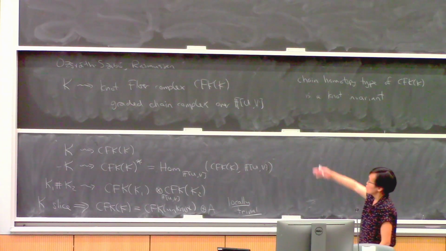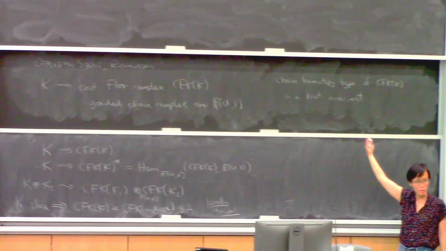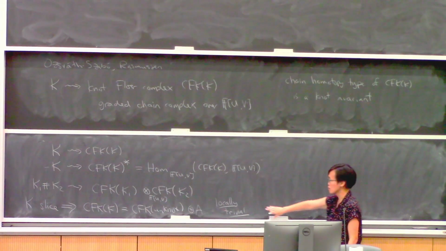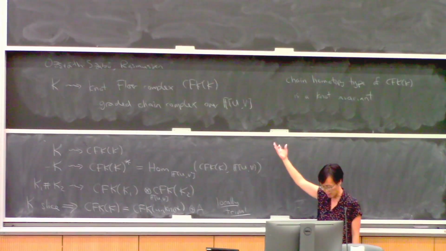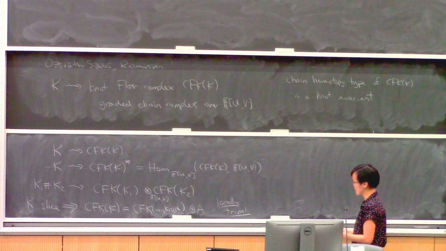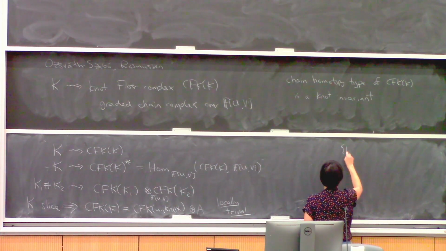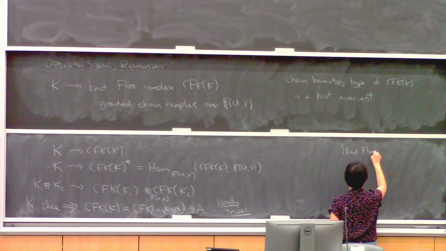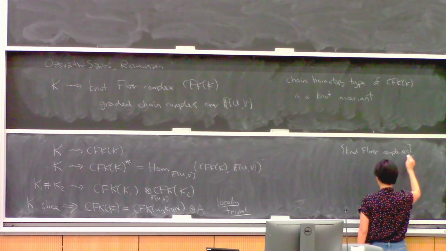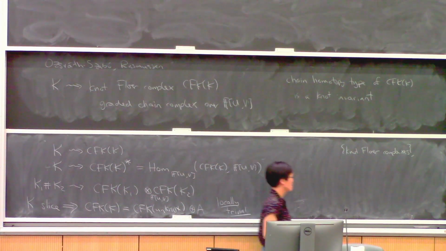Okay, so what Ozsváth, Szabó, and Rasmussen showed is that this chain complex up to chain homotopy equivalence is a knot invariant, and then what follows is that you look at these chain complexes up to a weaker notion of equivalence, and you get a concordance invariant. So if you look at the set of these knot Floer complexes, the binary operation we're going to put on these things is tensor product.